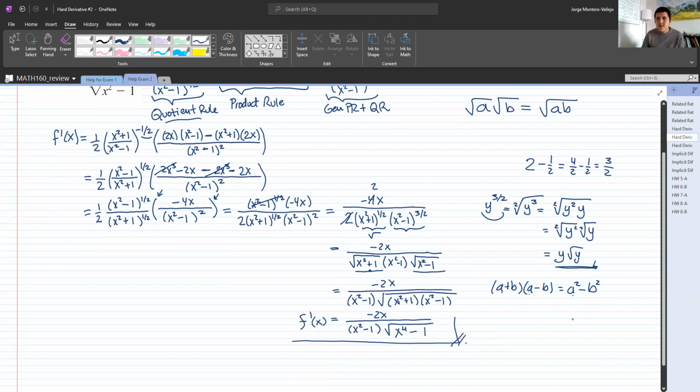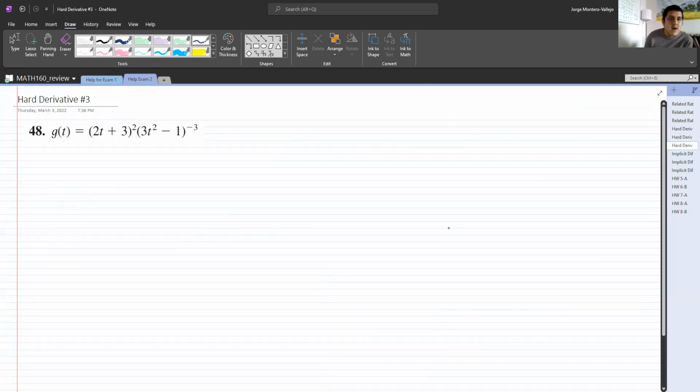Okay. All right. Let's now do the third one. And this third one, the way it's written already, it's nice, right? Because, well, this could be a quotient, right? Because this -3, you can make it positive by sending 3t squared minus 1 to the denominator, and then you will have a quotient, and then you will do quotient rule.